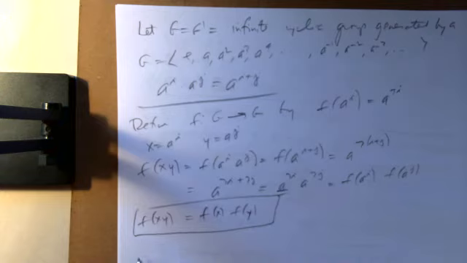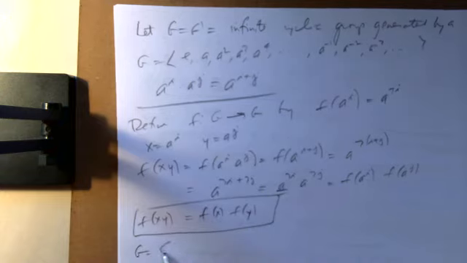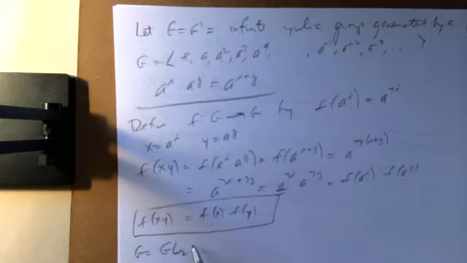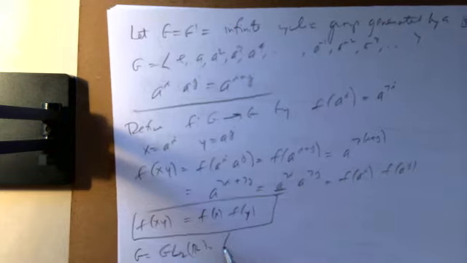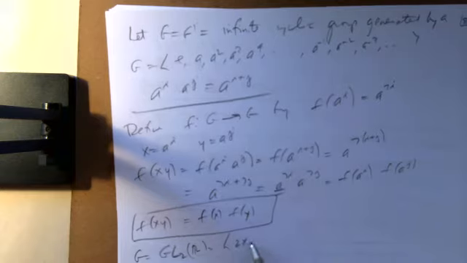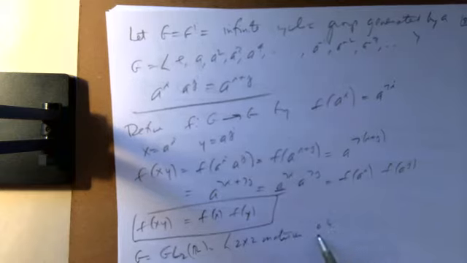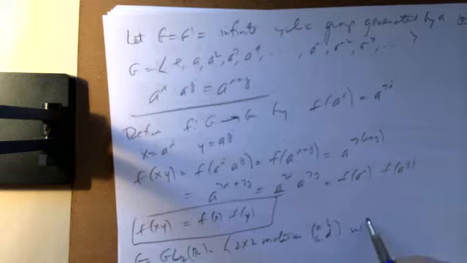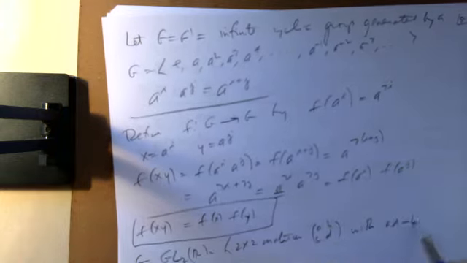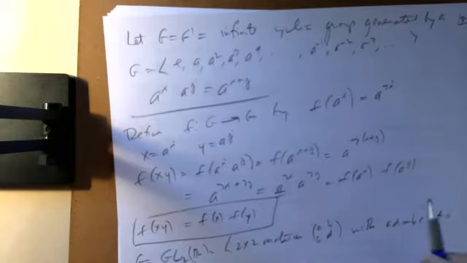Suppose we take G to be GL2R. This means the set of all 2 by 2 matrices A, B, C, D, with determinant AD minus BC not equal to 0.